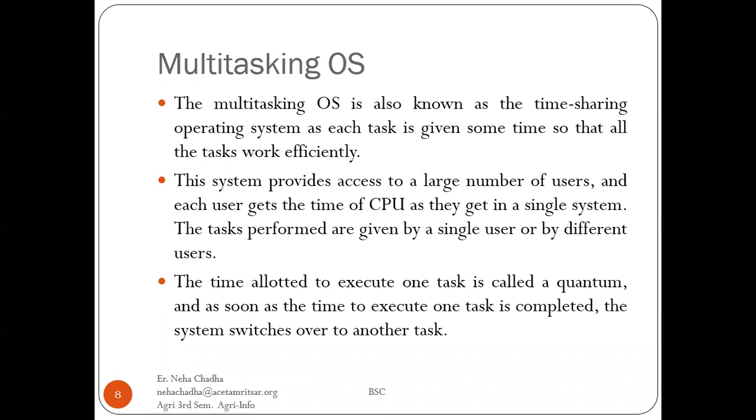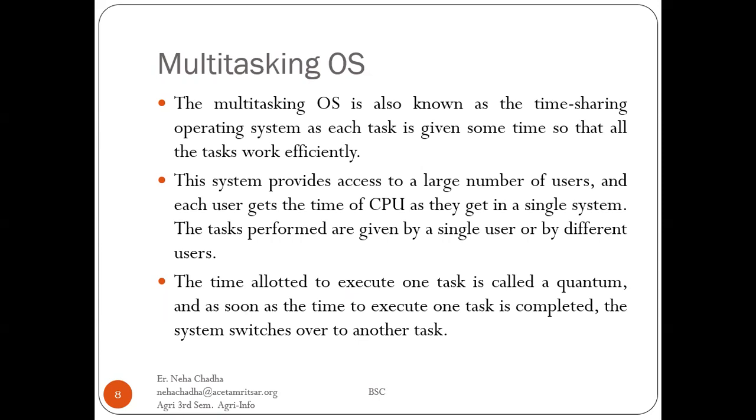It seems that all the jobs are working simultaneously, but actually in the multitasking operating system, the operating system divides its timeline into equal parts, so it seems that all are working together. You are listening to music, accessing the internet, and playing the game at the same time.